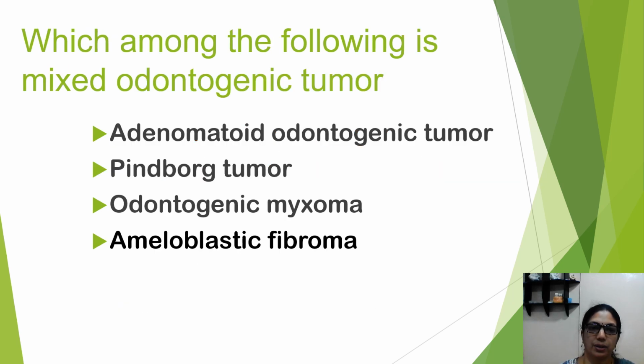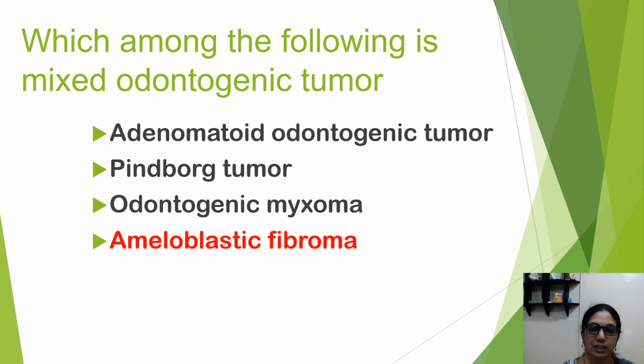Which among the following is a mixed odontogenic tumor? Mixed means both the mesenchymal and the epithelial component are present in this particular odontogenic tumor. Is it adenomatoid odontogenic tumor, Pindborg tumor, odontogenic myxoma, or ameloblastic fibroma? They are asking about the mixed pattern. The answer is ameloblastic fibroma.